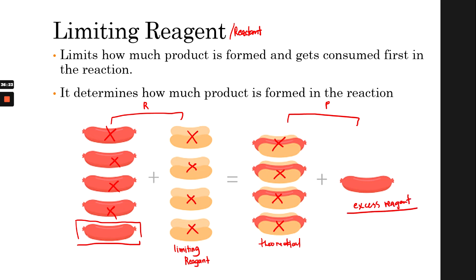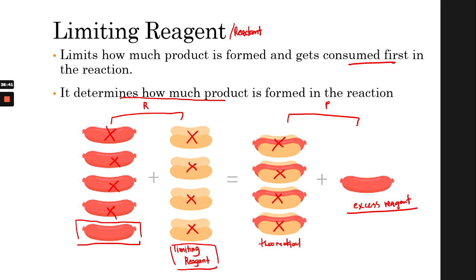Excess kasi hindi siya fully consumed, may natira siya. And this is our limiting reagent. Limiting kasi this is the one that is consumed first, and it determines how much product is formed. So I hope that is clear.